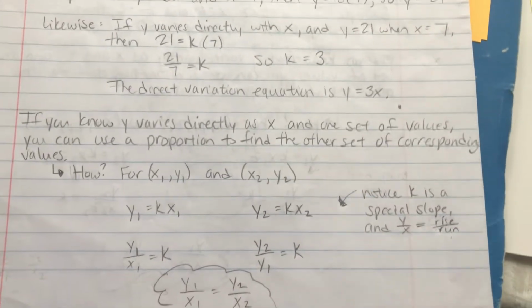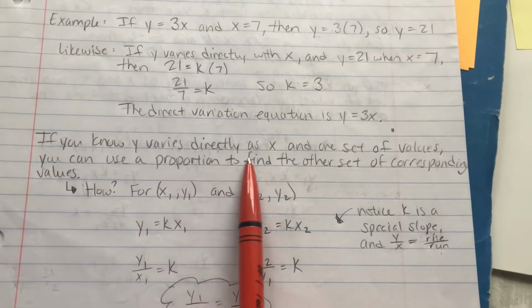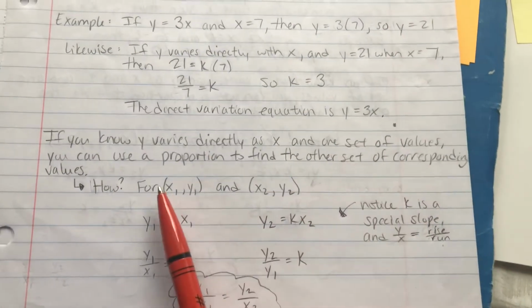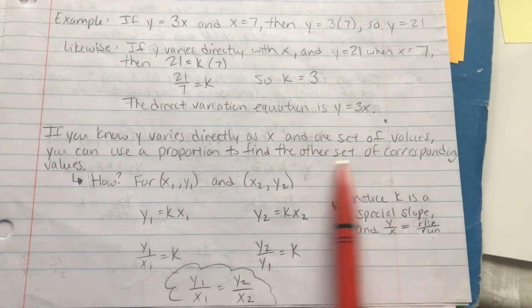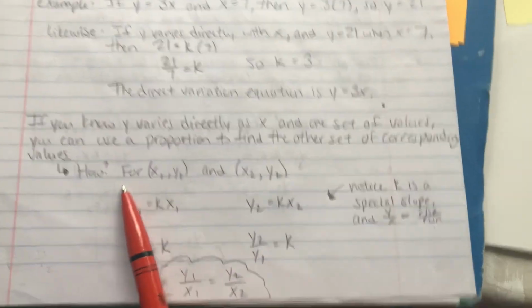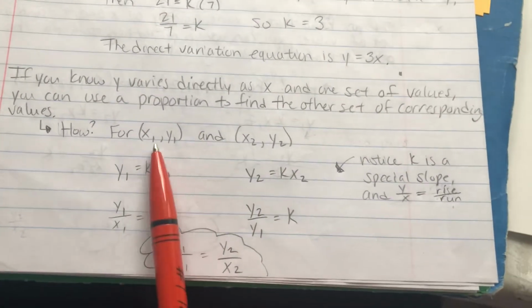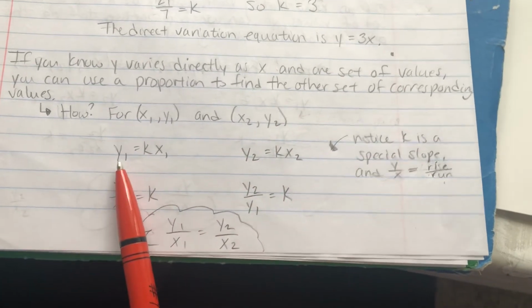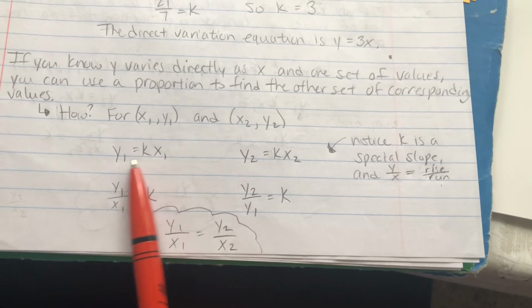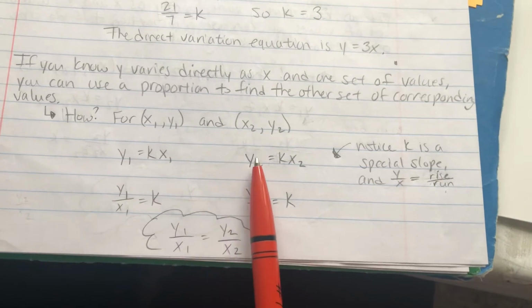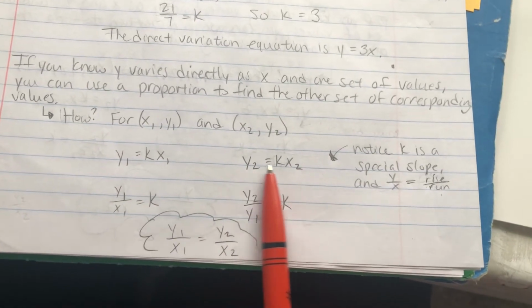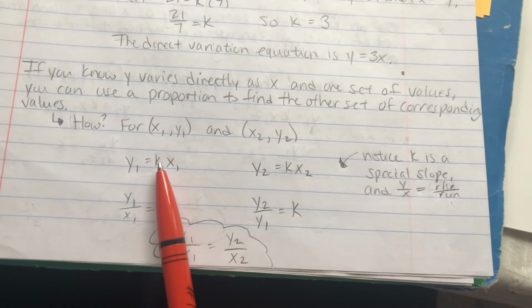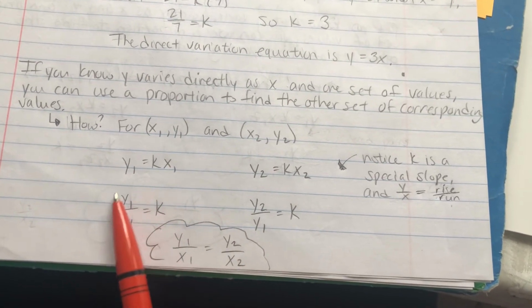Okay, we're going to be comparing some variation, so that's what this next part's going to show you. If you know that y varies directly as x for one set of values, you can use a proportion to find the other set of corresponding values. So your book defines it using x1, y1, x2, y2. If we have one equation that connects the x1 and y1, and a second equation that connects x2 and y2, and if I get k by itself, notice this is just slope.